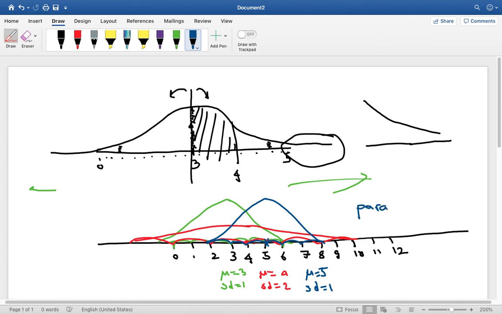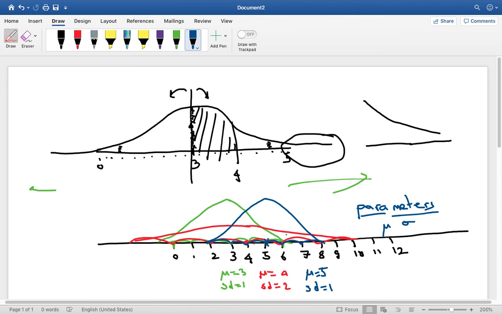Parameters, para just means side, and metas means measures. So it just means side measures. And the side measures that you need to totally define where your normal distribution sits in space are the mean and the standard deviation, assuming we have population data, that is.